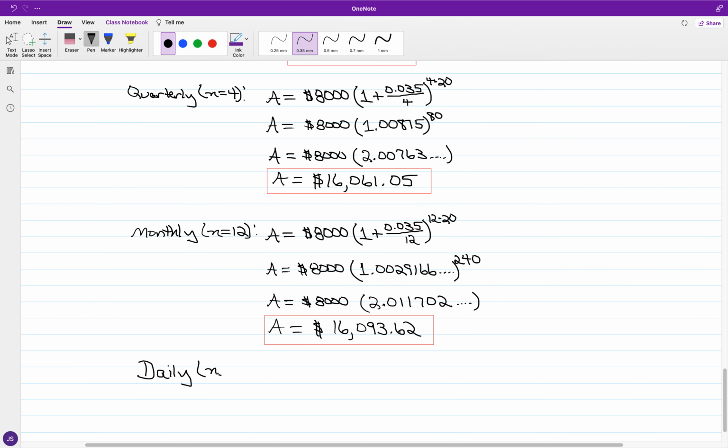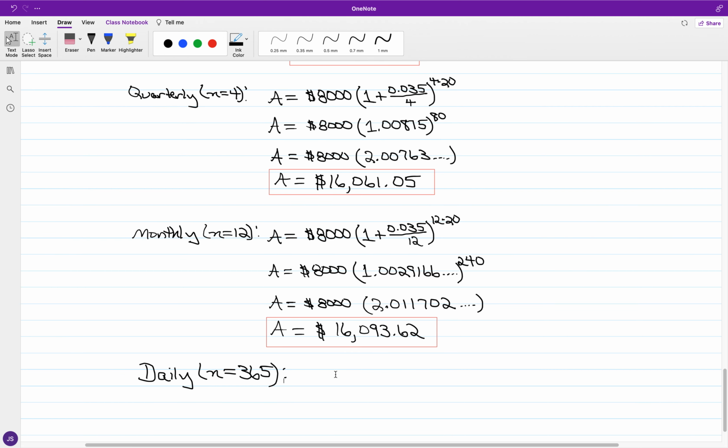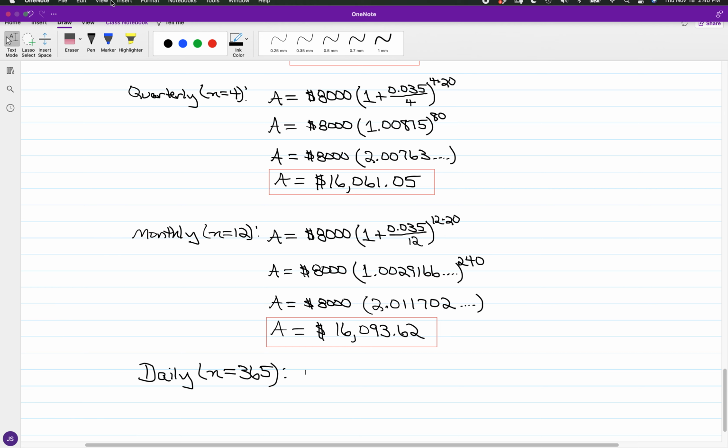And then for crossing over into daily compounding, you're looking at pretty much the maximum threshold of using our formula for identifying the future value without continuous compounding.